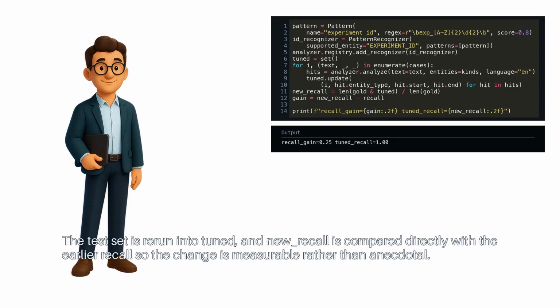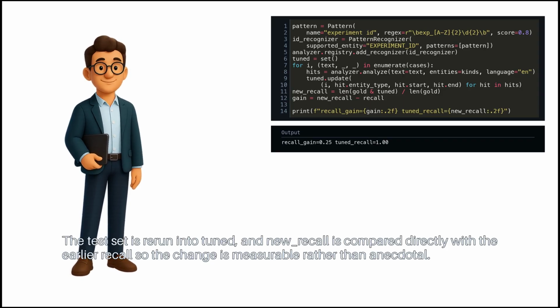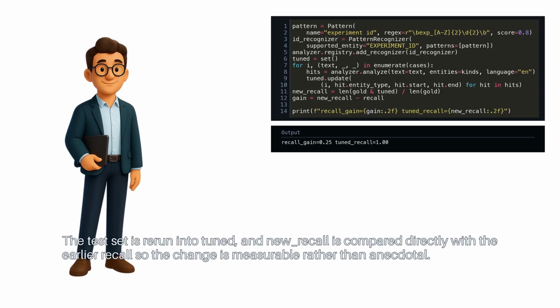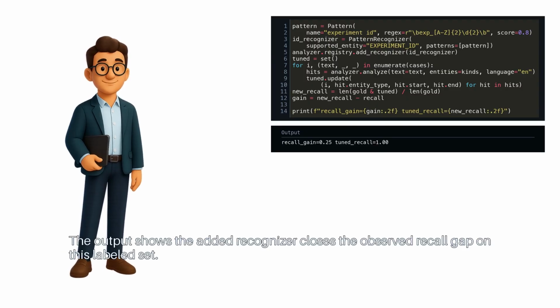The test set is rerun into tuned, and the new recall is compared directly with the earlier recall, so the change is measurable rather than anecdotal. The output shows the added recognizer closes the observed recall gap on this labeled set.